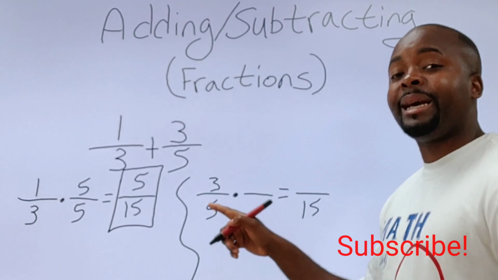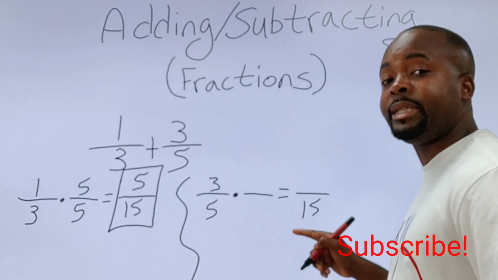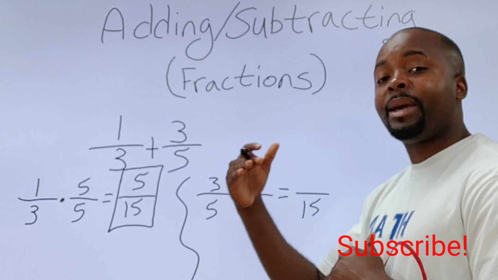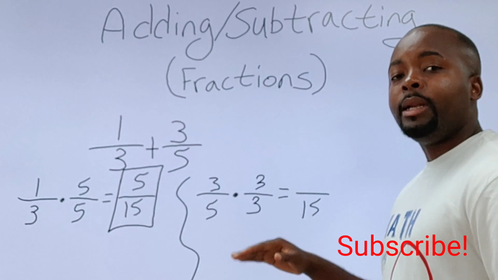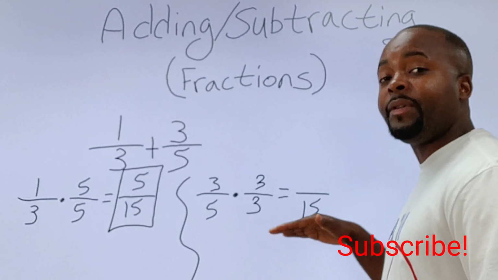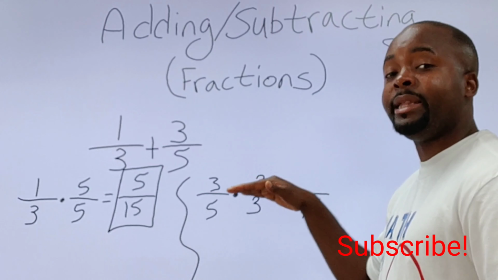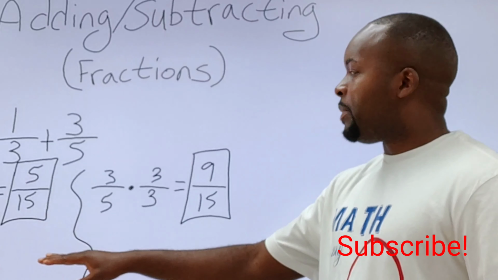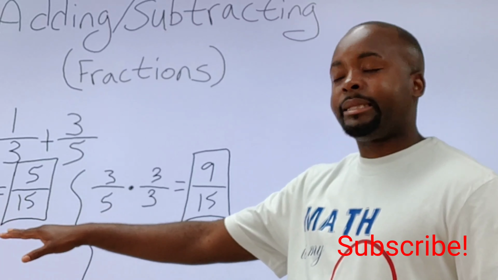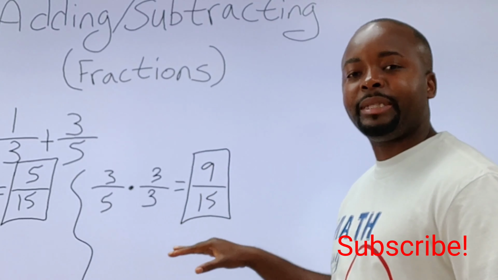When I multiply across, I know that 5 times 3 equals 15, so I'm going to multiply the top and the bottom by 3. Now I have 5 times 3 equals 15, and I also have 3 times 3 on my numerator, and that equals 9. What I end up with, guys, is 5/15 plus 9/15.